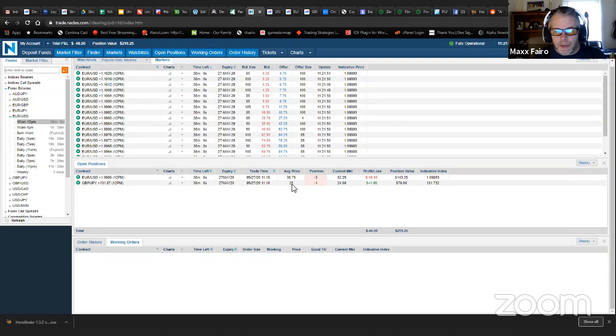Now, what happens if all 3 were to lose? Well, this one's 14 pips in the front. I don't know why it doesn't have more money on it, but if all 3 were to lose, 60 is about $180 in the hole from that, and then this one is about 175, 160. So we'll be doing okay. I still had a very good week.